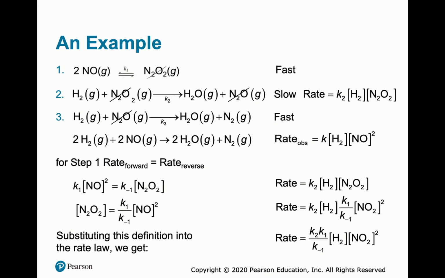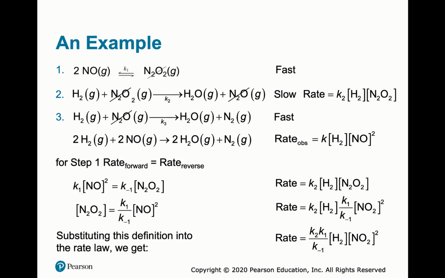An example of this here is this reaction, nitrogen monoxide going to dinitrogen dioxide being a fast step, and then you have hydrogen plus intermediate dinitrogen dioxide forming water and dinitrogen monoxide, and then hydrogen plus dinitrogen monoxide makes water and nitrogen, and then 2 hydrogen plus 2 nitrogen monoxides makes 2 waters and nitrogen.